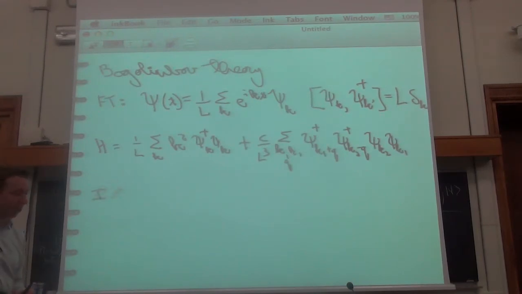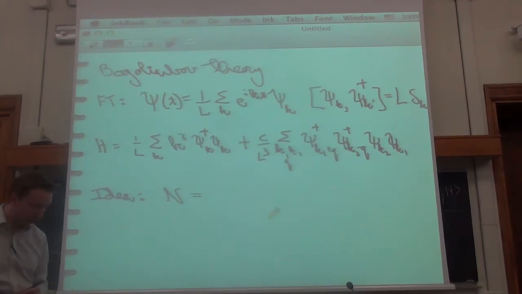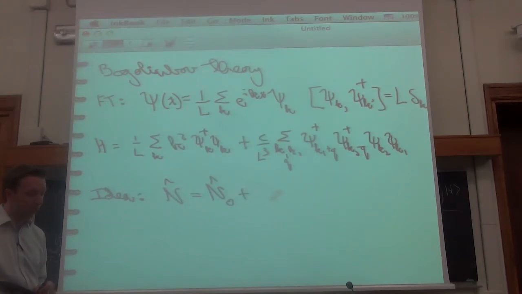So what you do is follow Bogoliubov's idea. You separate the number operator into a number operator for the zero momentum mode, plus the summation over non-zero momenta of ψ†_k ψ_k.